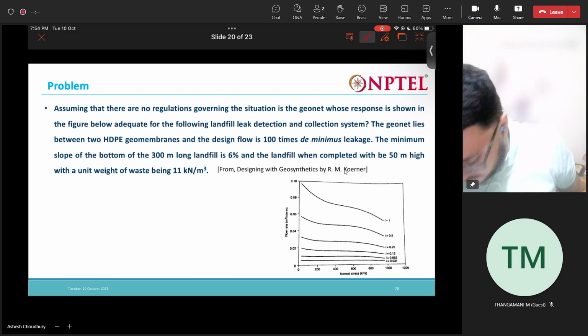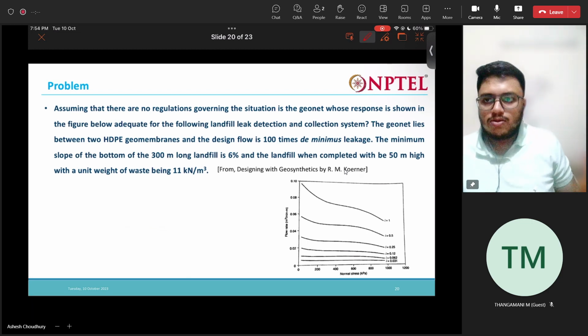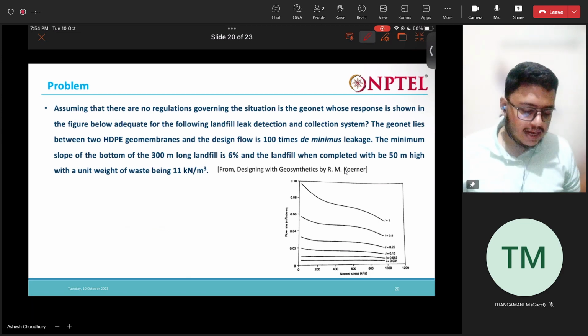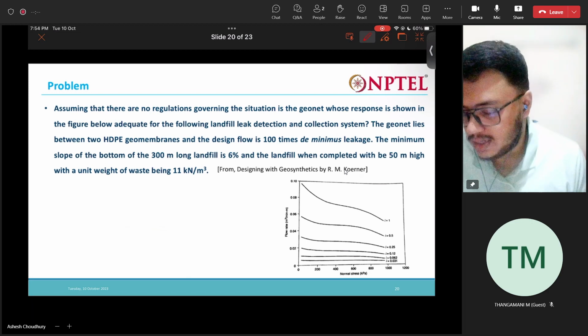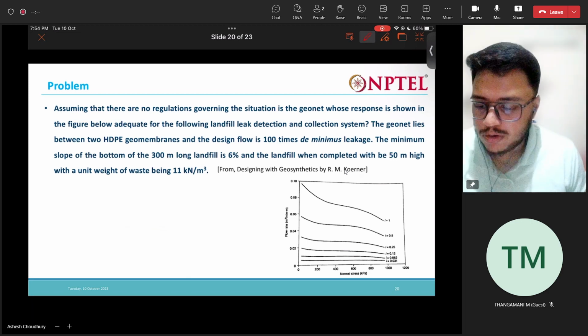So first we need to find out the required flow. It's given here: the design flow is 100 times de minimis leakage. So what is de minimis leakage? I will just read it out for you.